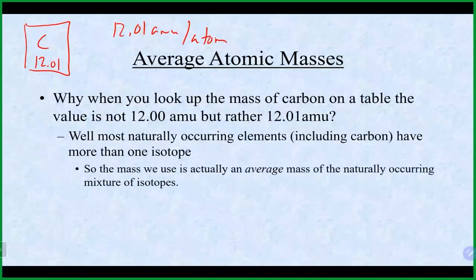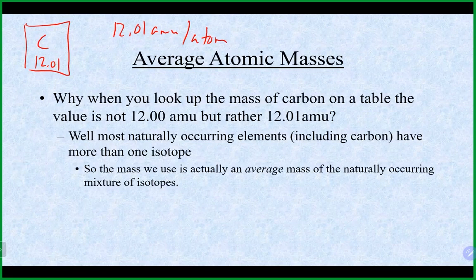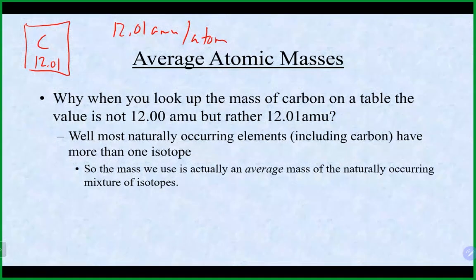The reason is that what we are actually looking at on the periodic table is what is sometimes referred to as the average atomic mass, although most people don't call it that, they just call it atomic mass. It is an average of all the naturally occurring isotopes for that particular element. Every element will have a certain number of naturally occurring isotopes, and the combination of all their masses together is how we get those up on the periodic table.